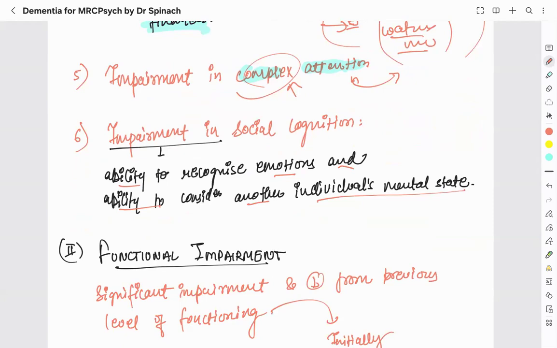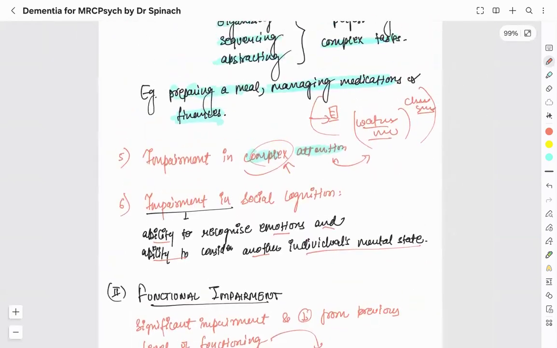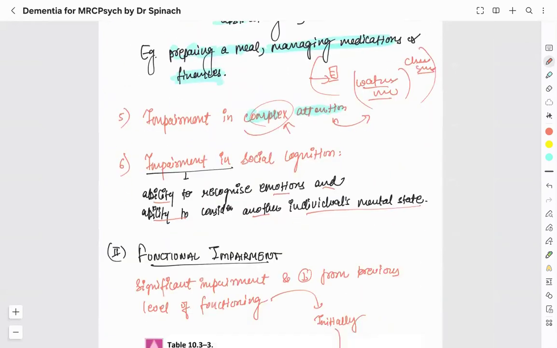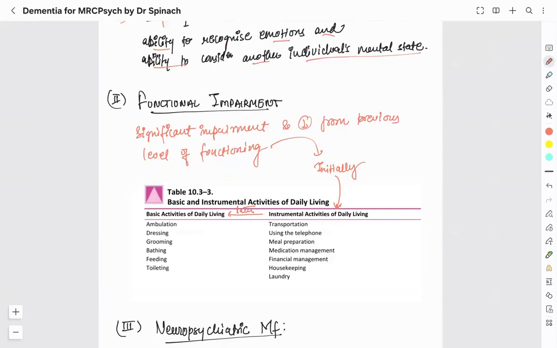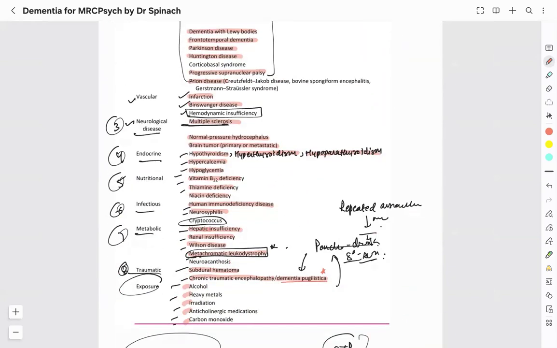So these are the six things under cognitive impairment. Can you repeat them? What are the six things? Language, motor. Now we have discussed apraxia and agnosia, so that will come under impairment in visual perception, I think.